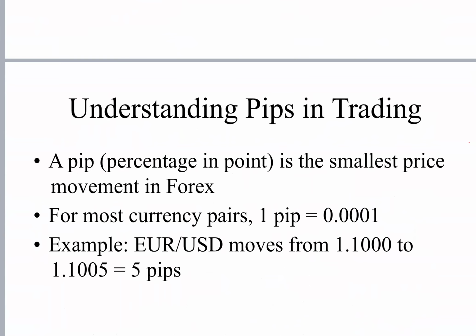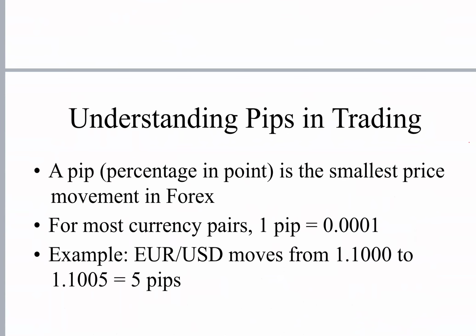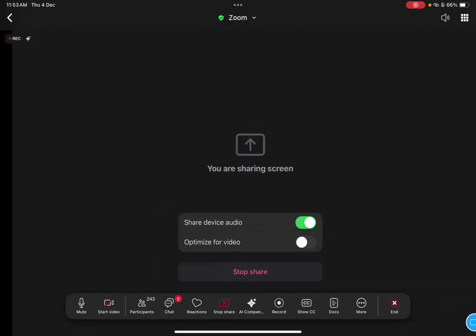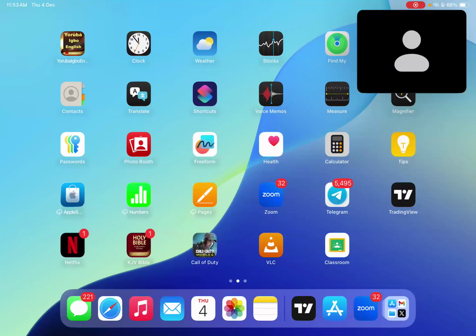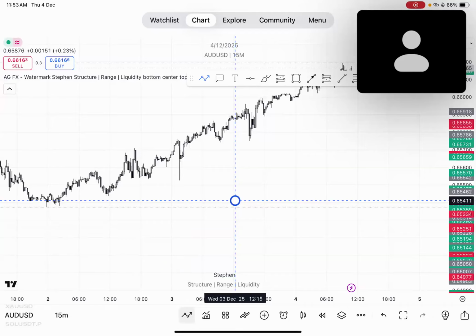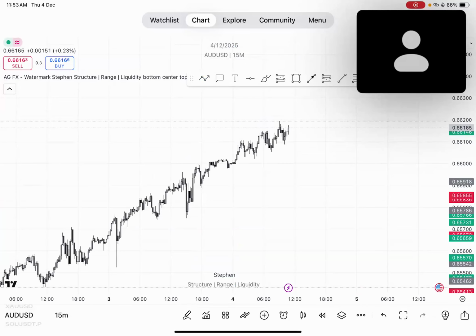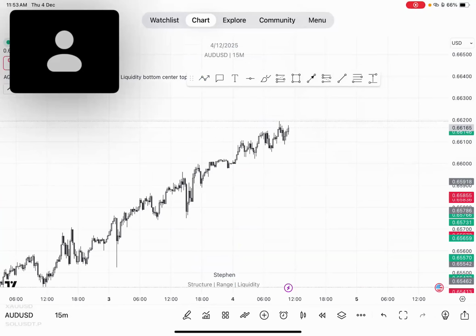So let's go into our chart so that I can explain what pips actually mean. Now, at your right corner here, you can see the price of this AUD USD. You can see 0.66165, 0.66 something.